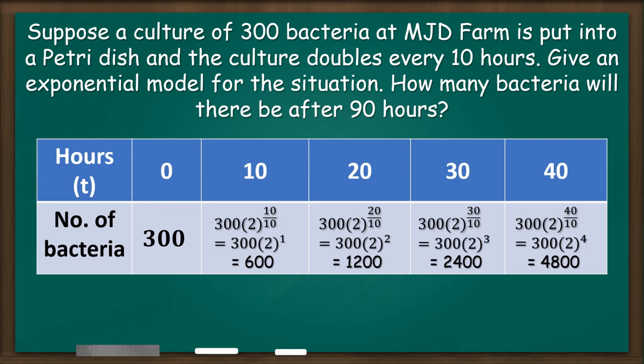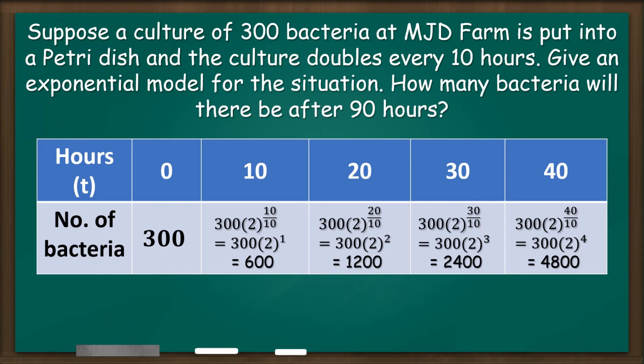At 20 hours, we have our computation, that is 300 multiplied to 2 raised to 20 all over 10. Simplifying our exponent, we will have 300 multiplied to 2 raised to 2. Simplifying our term, we will have 1200. Our number of bacteria for 20 hours is 1200.